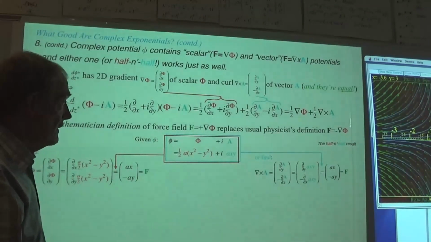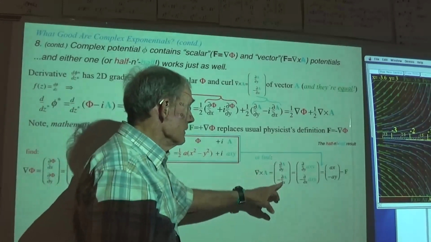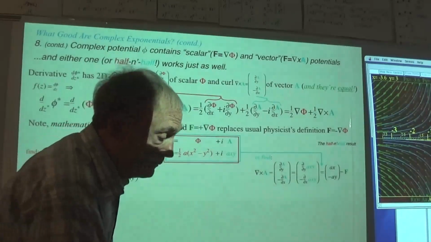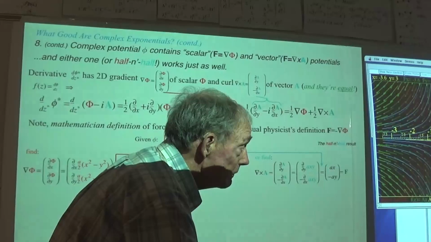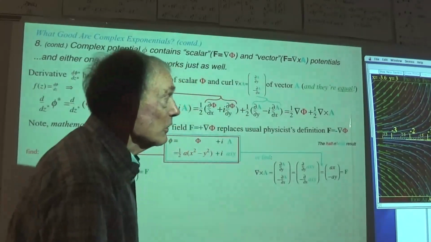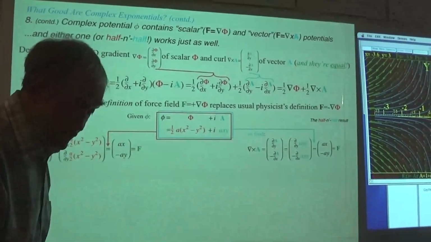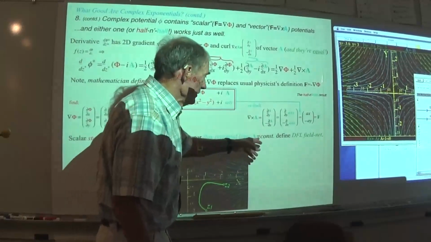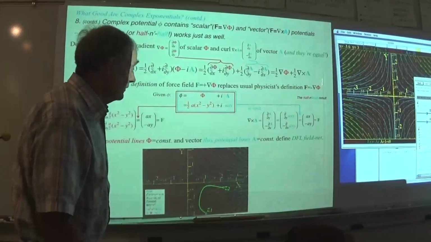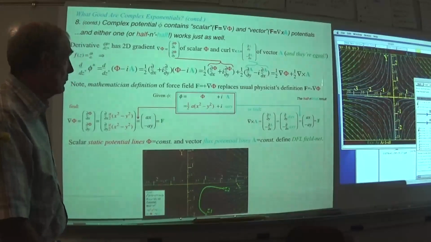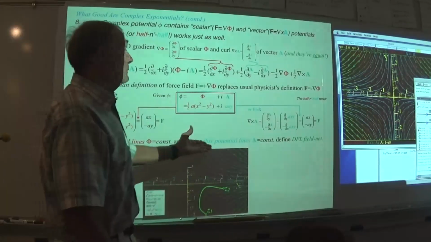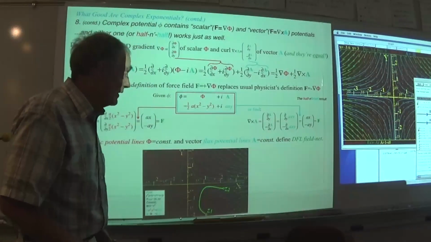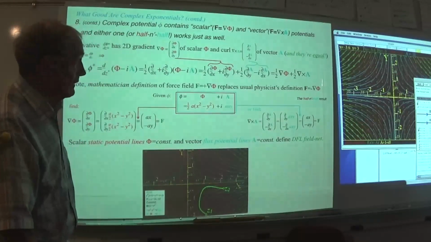I get this thing, and then I discover that if I take the curl of this, I get the same thing. So that's the key relationship that we get playing this game with the curve and its complex conjugate. And static potential lines and flux potential lines. Pick whichever you're comfortable with. Obviously most physicists are comfortable with the red guys, but the blue wave is coming. Okay, this is an important piece of physics, that flux part of the story here.